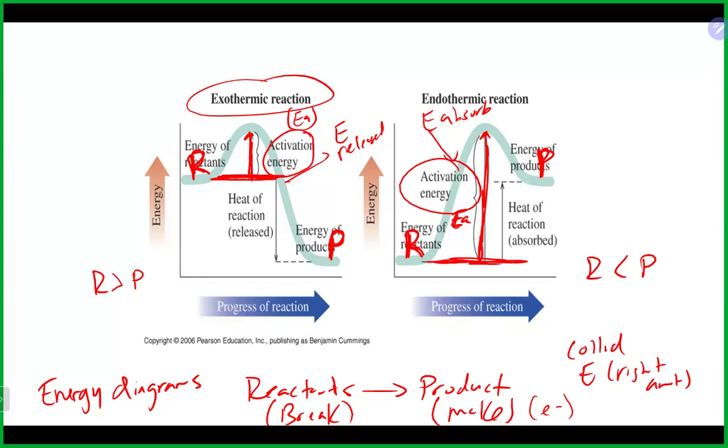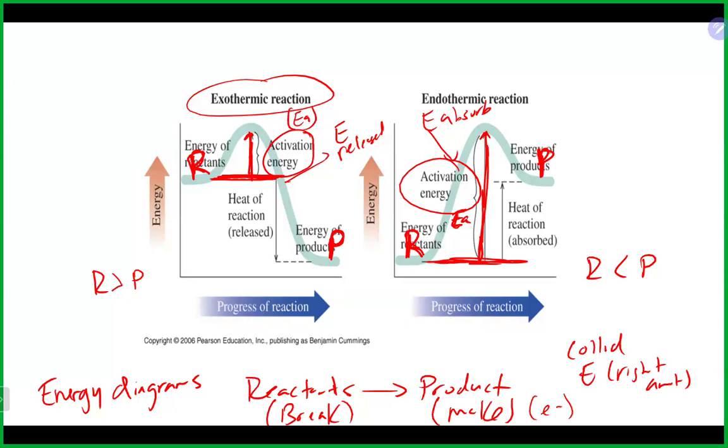If you have a much bigger hill to climb, there's going to be fewer reactants that have enough energy to climb and get to the other side. If you have a much smaller hill to climb, there's probably going to be a greater amount of reactants that could actually make it up and over that hill.